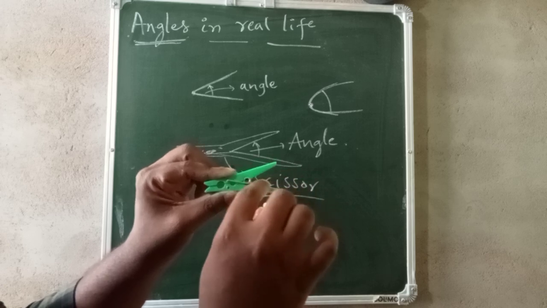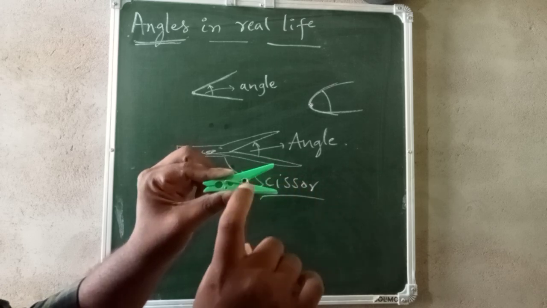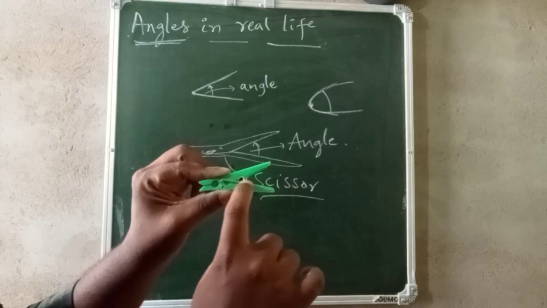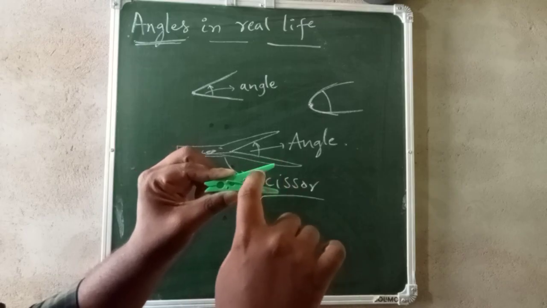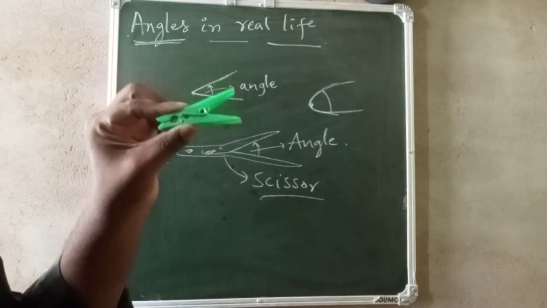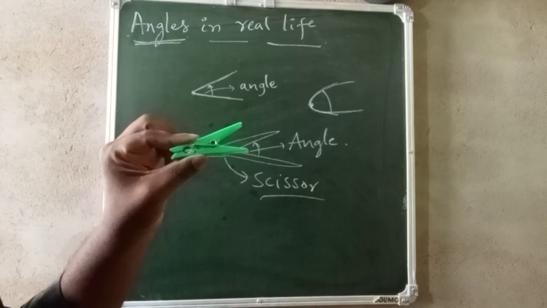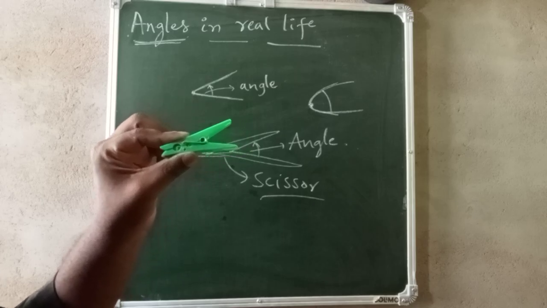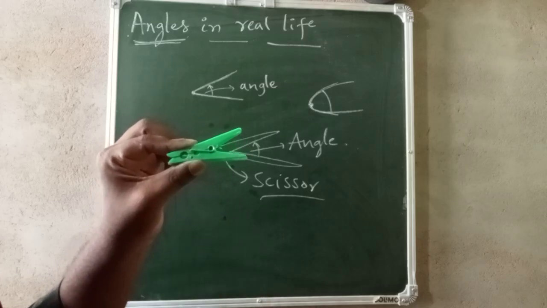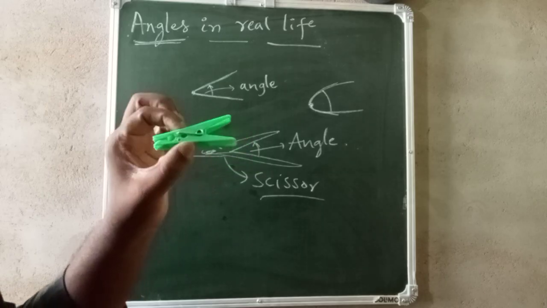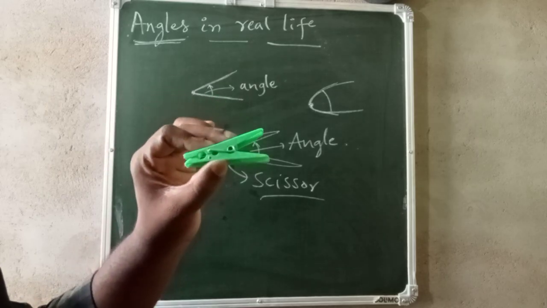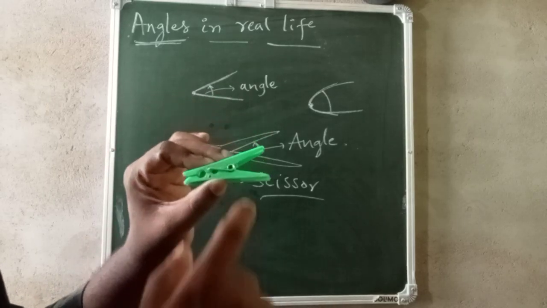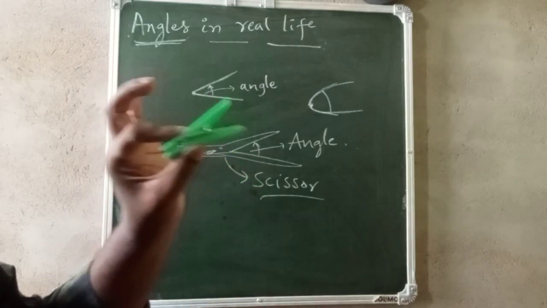Okay, you can see, here is an angle formed between this and this, so this is the angle. So cloth clip, this one. For drying cloths we will use it, right, to hold the cloth. So this cloth clip is there, no? This is a real life example for the angle formed.